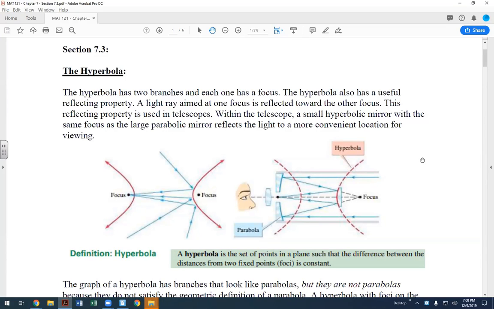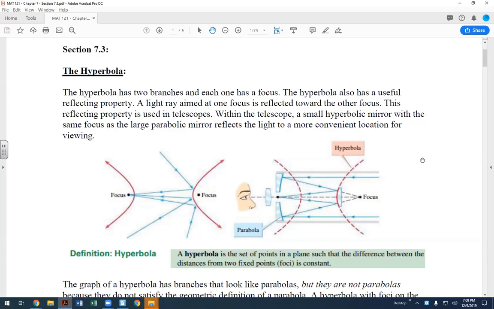This is where we put the eyepiece, so that you can see. So you use the parabola to reflect and direct the light towards the second focus, and that second focus will send it to the first one, so that we can see the planet or whatever details we're hoping to see a lot better.